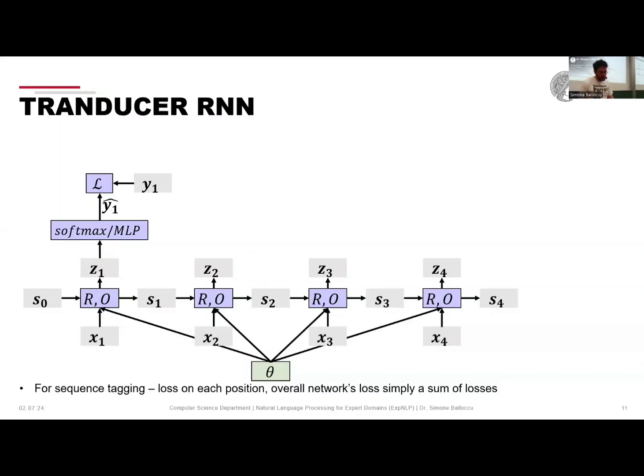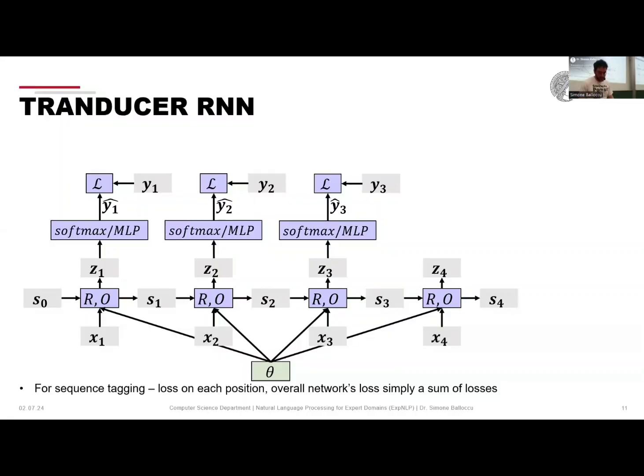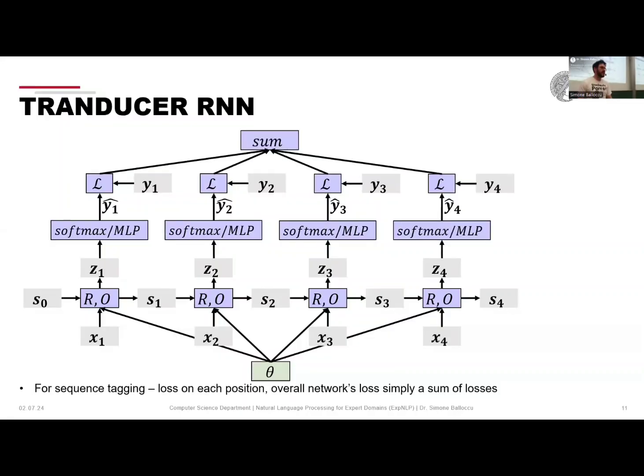We do the same here, the same here, the same here, and then we combine them. Typically we sum them. We may average them, we may weight them, it depends on the task. It's cool for sequence tagging. For example, part of speech tagging: what is a verb, what is an adjective, what is a noun, and so on. So overall, you sum the losses.